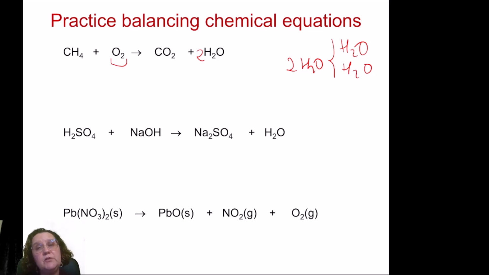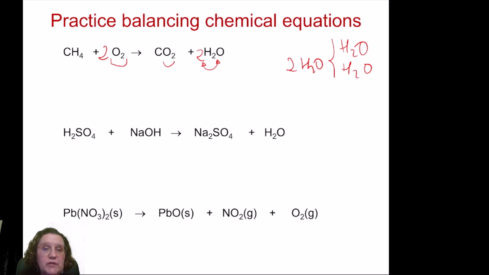But on the product side, the right-hand side, I've got 2 atoms of oxygen here, plus another 2 from this molecule of water, but I have 2 of them. That makes 4 atoms of oxygen. So the way to balance this equation is to put a 2 in front of the molecule O2. And that's how the equation is balanced.